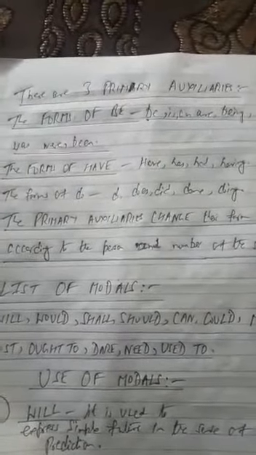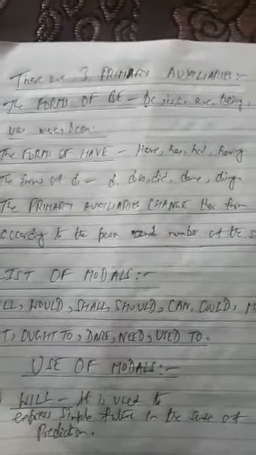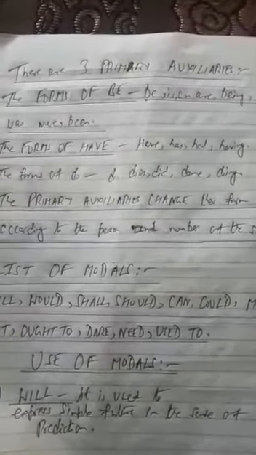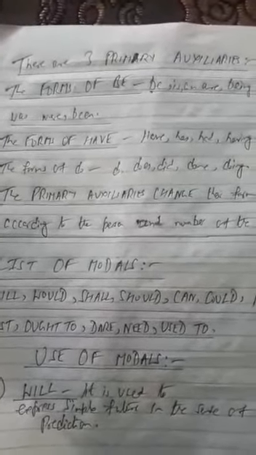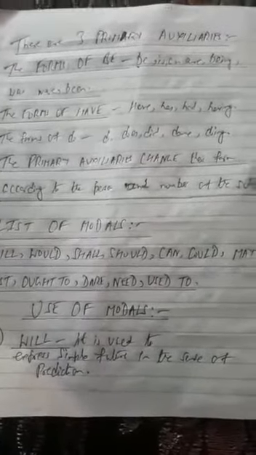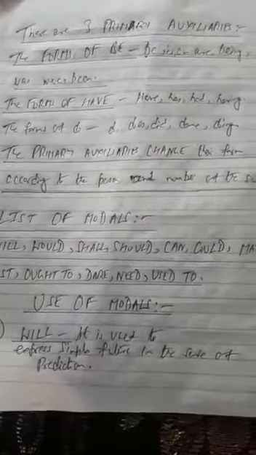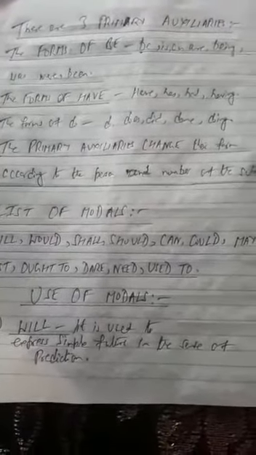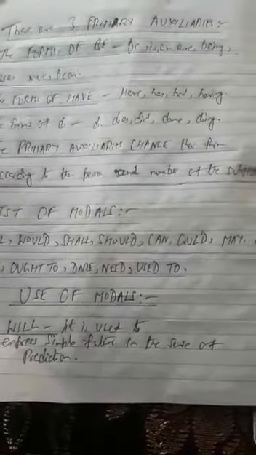Then there are three primary auxiliaries. These are the forms of be, that is, be, is, am, are, being, was, were, been. The forms of have, has, had, having. The forms of do, does, did, done, doing.